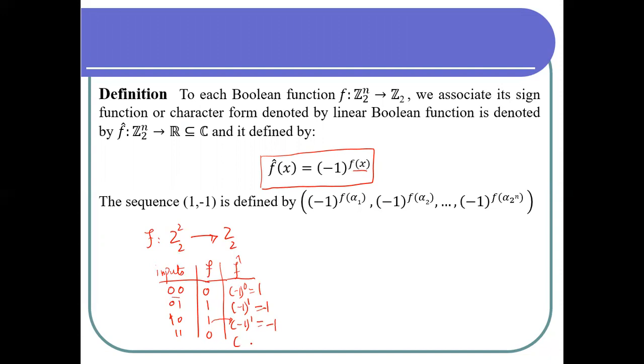Then minus 1 to the power 1, I get minus 1. Again minus 1 to the power 1 gives minus 1, and minus 1 to the power 0, the last one, gives 1. So in that case, f hat will be 1, minus 1, minus 1, 1. You can write it like this expression.